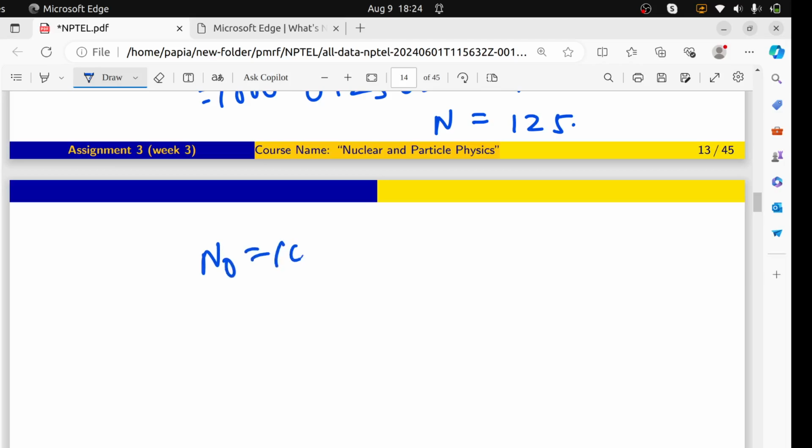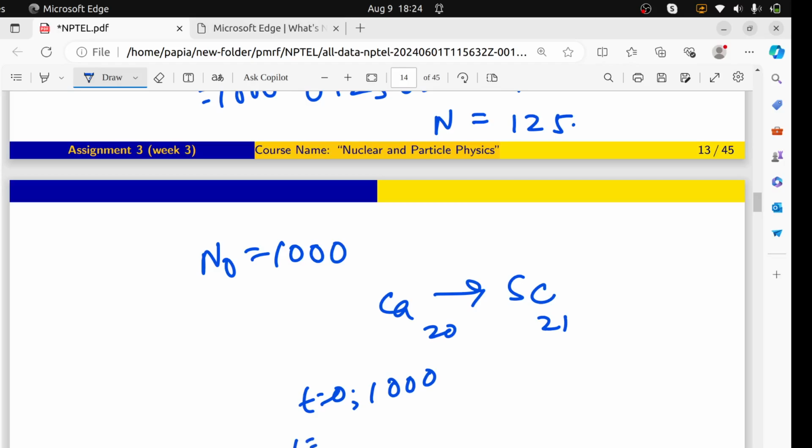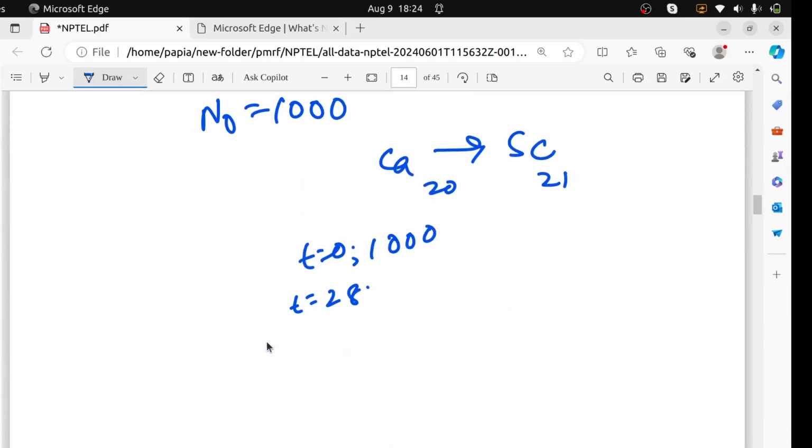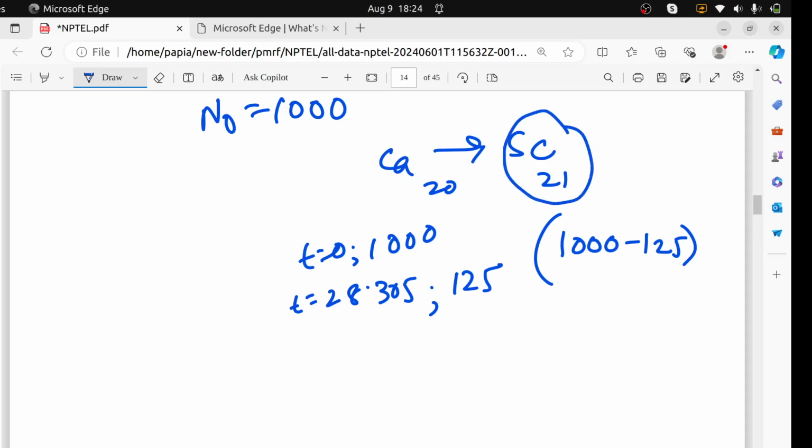Previously N0 was 1000. Now calcium is going to scandium. So it was previously 1000 at t equals to 0. But at t equals to 28.305, our calcium is becoming 125, because the rest of the 1000 minus 125 has been converted to scandium 21.